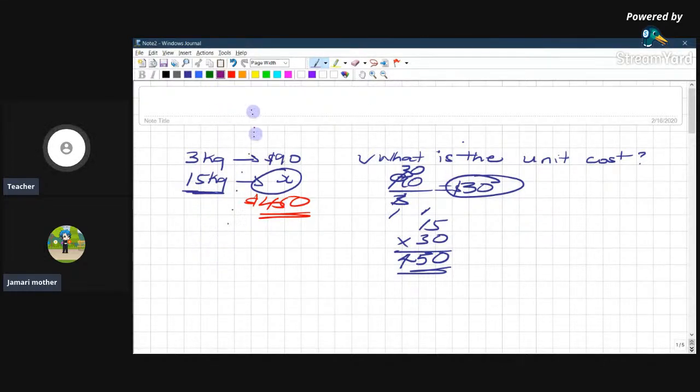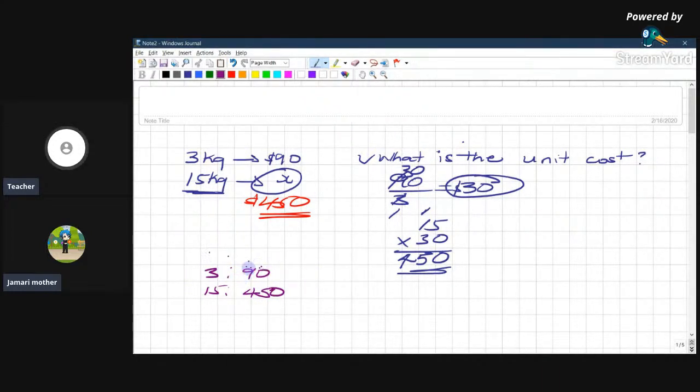How can we prove that this is correct? If we're working with a ratio like this, 3 to 90 and 15 to 450, how do we know that this is correct? Any ideas? All right, well, you can look if both sides would be equal to the same thing if you reduce and see if you have the same stuff being balanced, right?